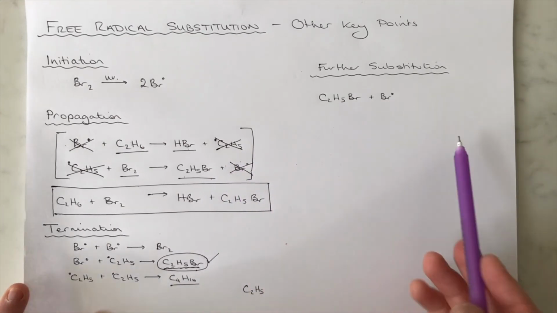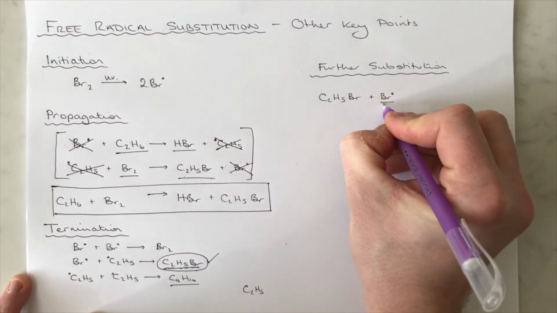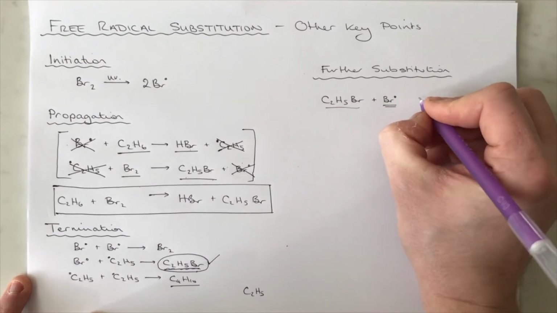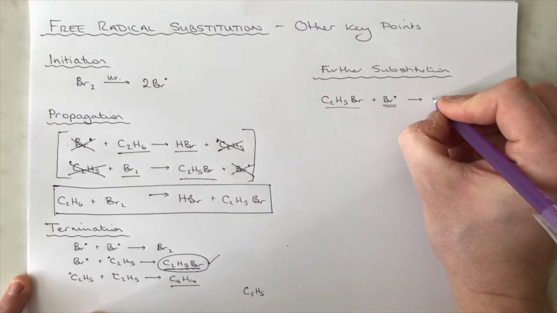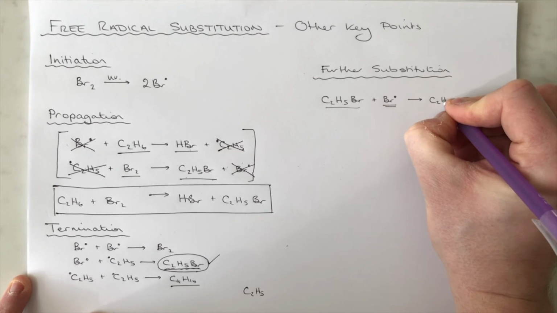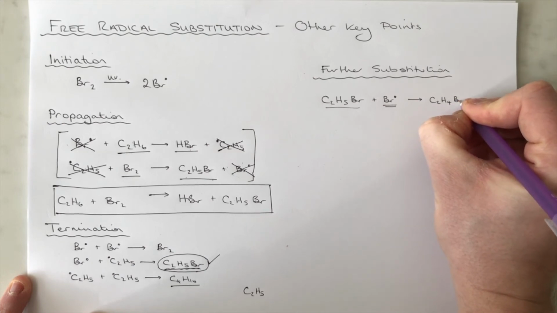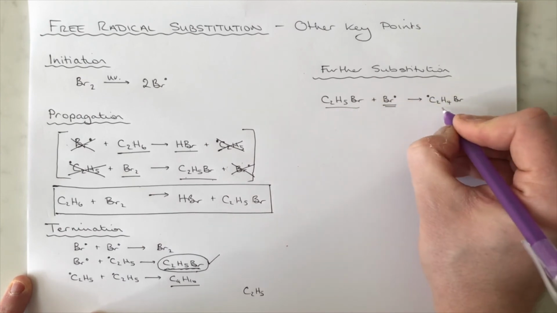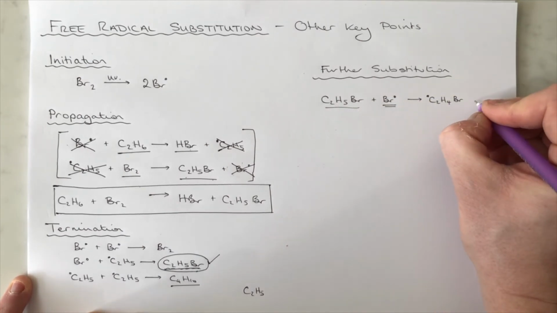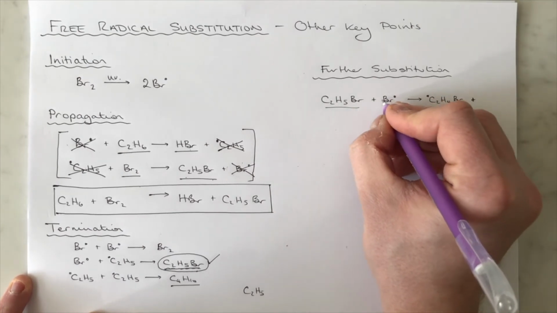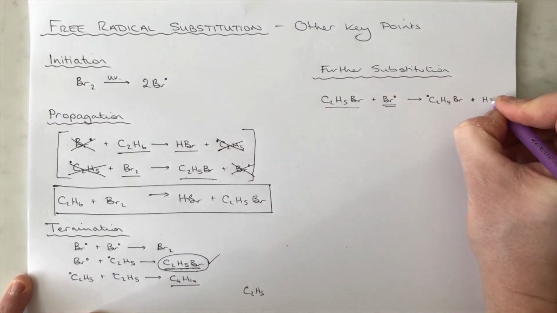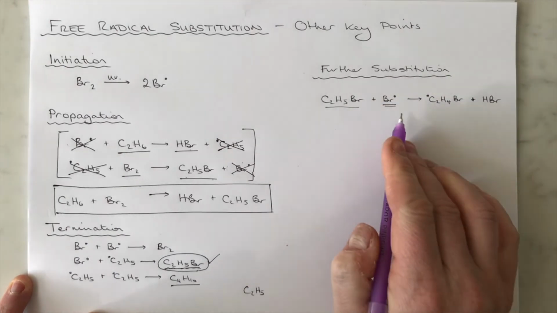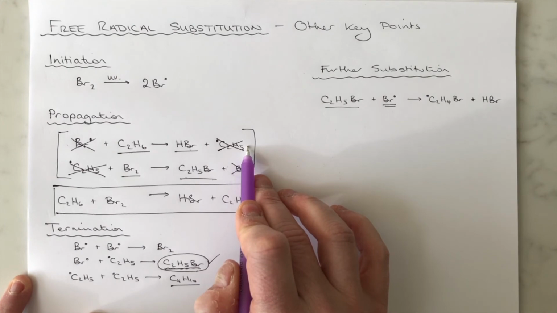So remember, in the first propagation step, our halogen radical takes a hydrogen off our alkane, so we may end up with C2H4Br radical. So it's gone from C2H5Br to C2H4Br as a radical, and our bromine radical has taken hydrogen off this, so HBr. So that's a bit like our first propagation stage over here.